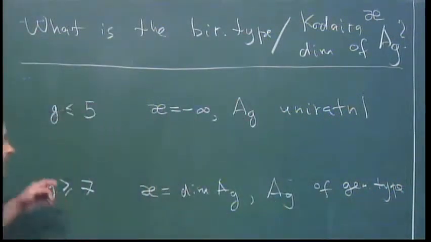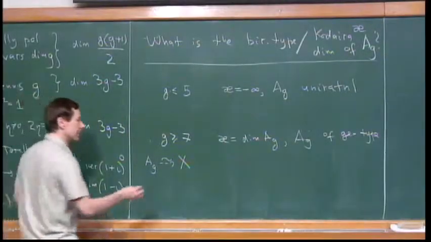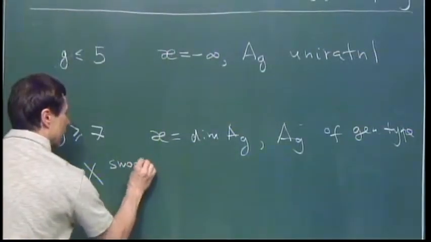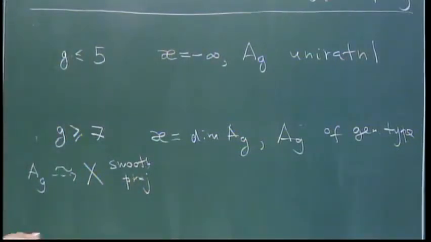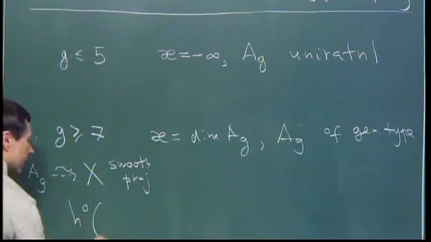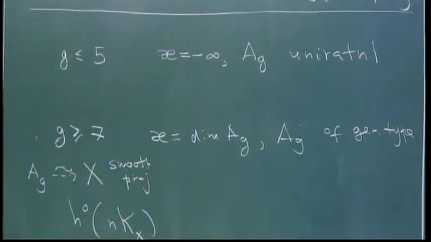Let me maybe briefly remind the definition of this Kodaira dimension. You take A_g and you pick something birationally isomorphic to it, but smooth and projective, so a smooth projective model, and then you look at how many pluricanonical sections it has as n grows.